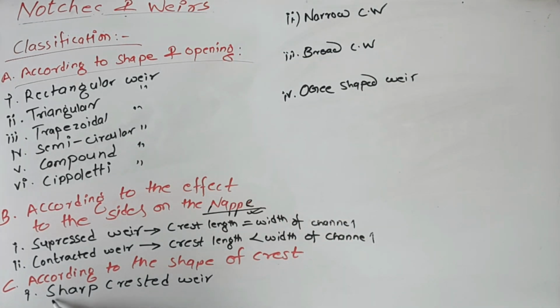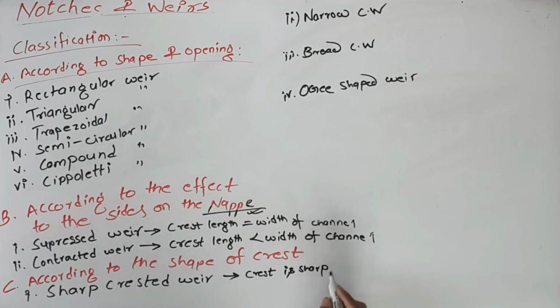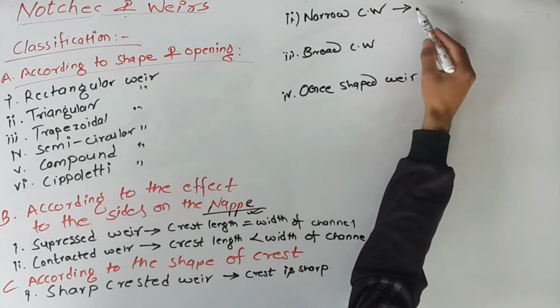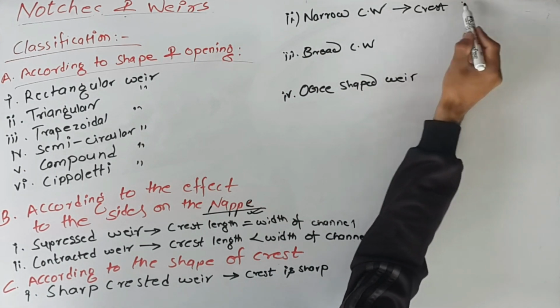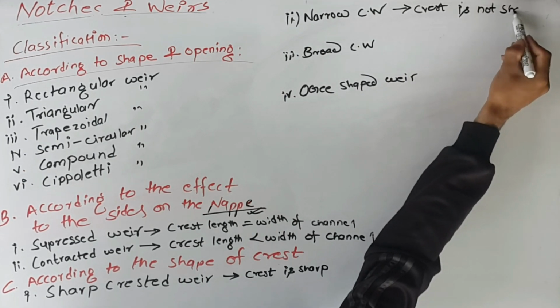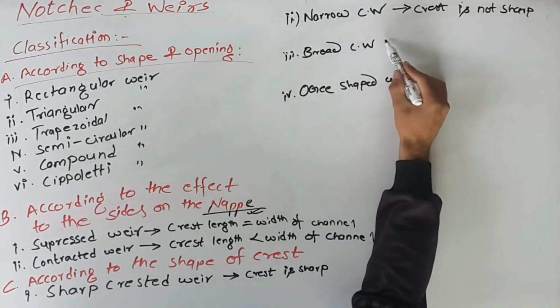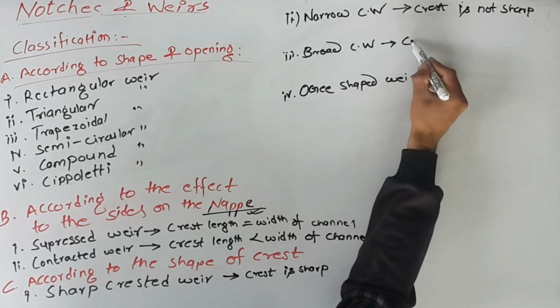By the name, we know the crest is sharp. Narrow crested weir, crest not sharp. Broad crested weir means width of the weir is large and crest is wide.